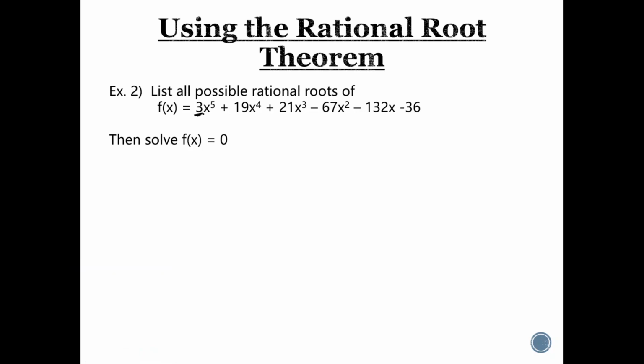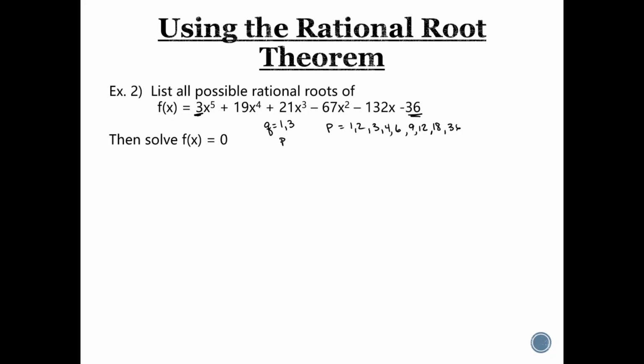So my leading coefficient gives me q equals 1 and 3. My constant term gets me p, which can be 1 and 36, 2 and 18, 3 and 12, 4 and 9, and then 6 times 6.